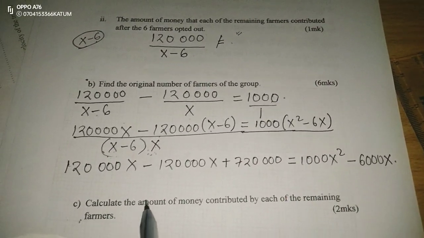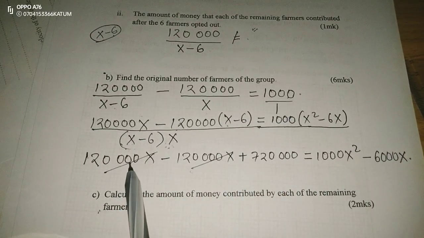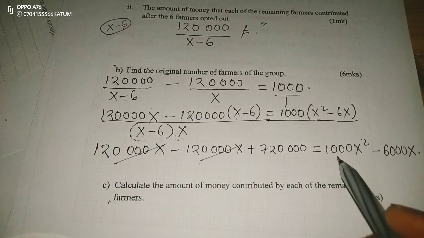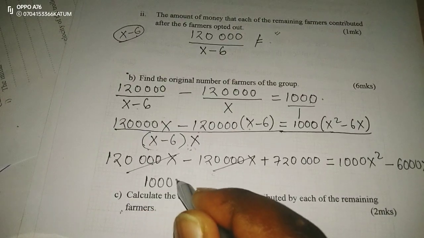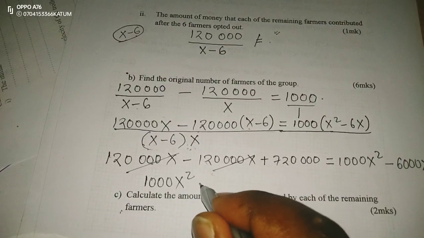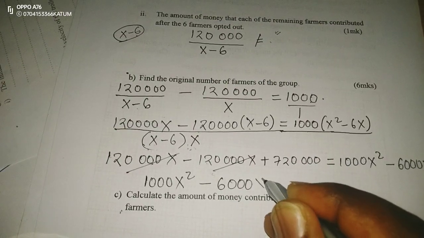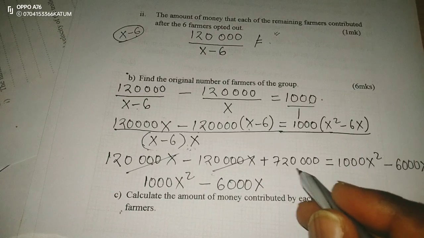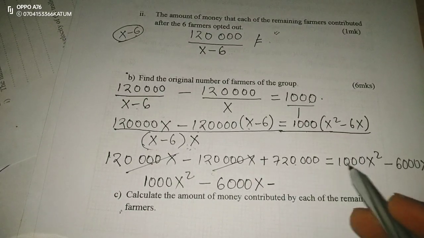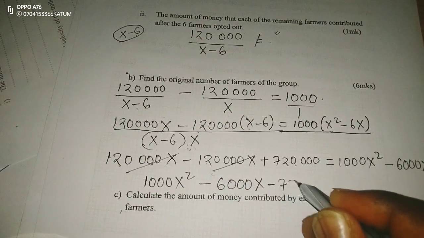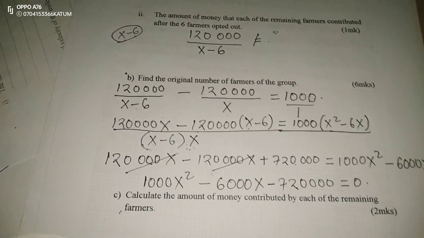That is after opening this bracket. Therefore, 120,000X and negative 120,000X can cancel. Then we have 1,000X squared minus 6,000X. Then we can bring the 720,000 to the same side and have it as a negative, equals 0.